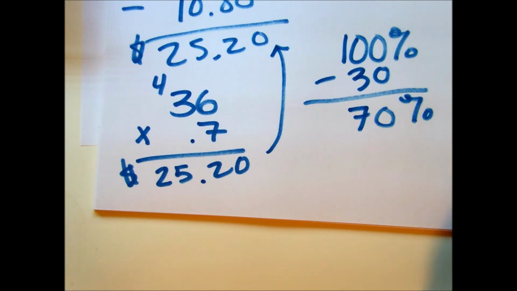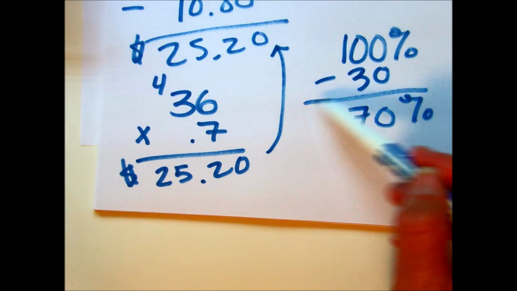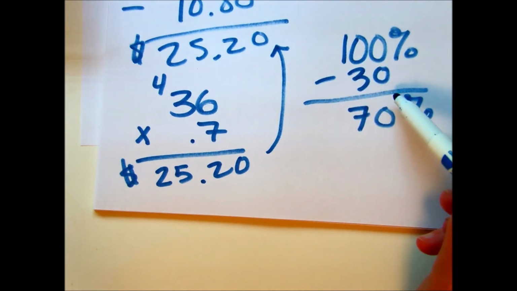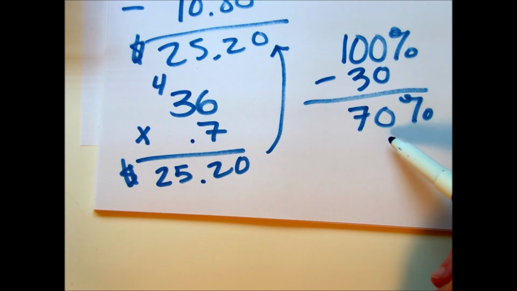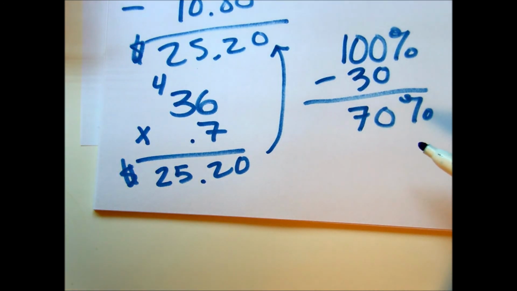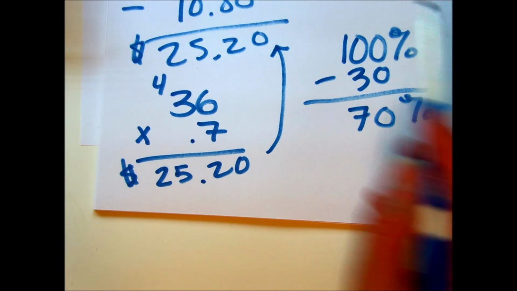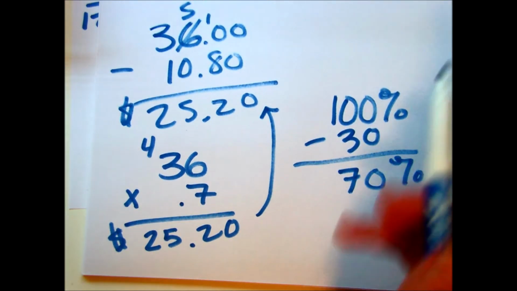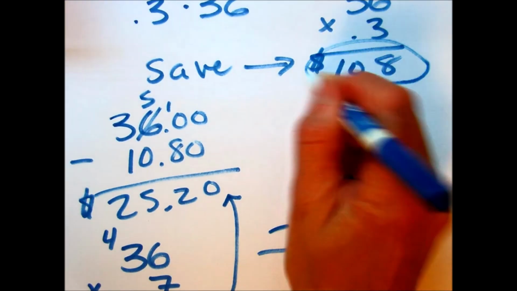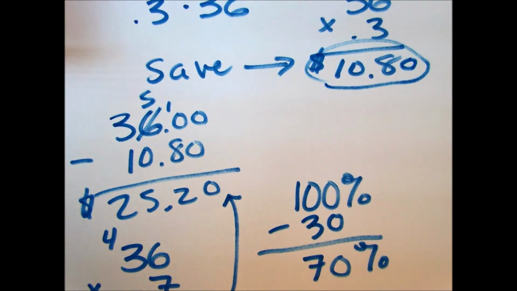So I could skip figuring out what the savings is by just multiplying by the percent of the cost that I'm paying. If you need to know the savings amount, then you do want to multiply by the 30%, or 0.3, because that will give you the amount that you're saving. Anyway, it's just a little trick.